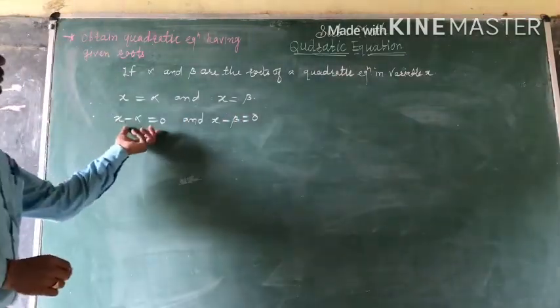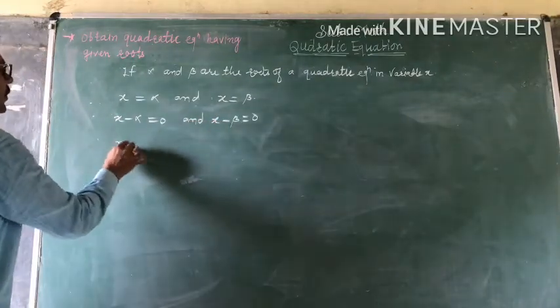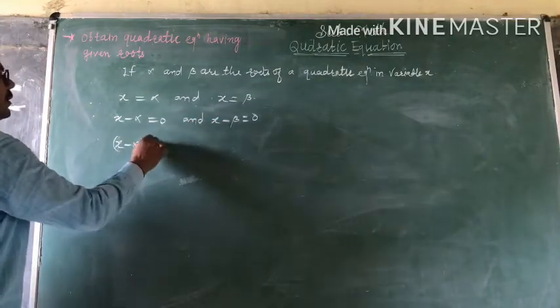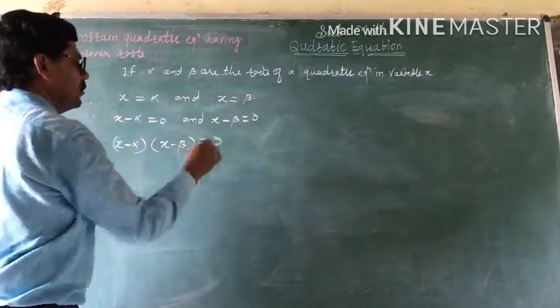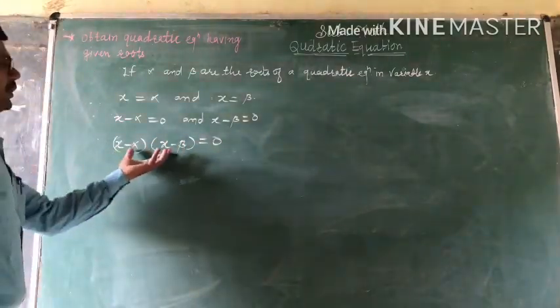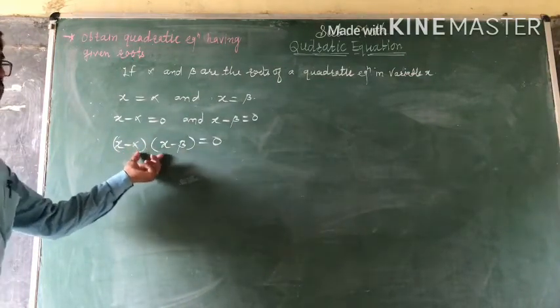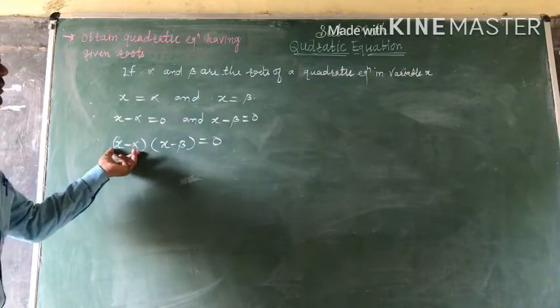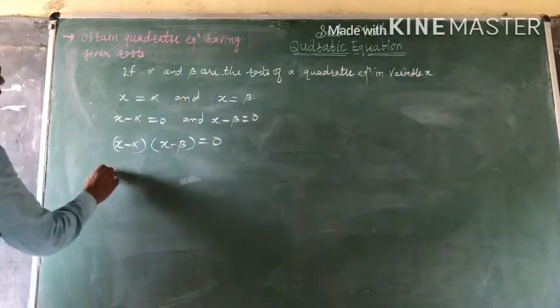Now here are the two equations equal to 0. Therefore the product of these two is also equal to 0. If the multiplication of two factors is equal to 0, then the first one is 0 or the second one is 0. From this we form the equation.